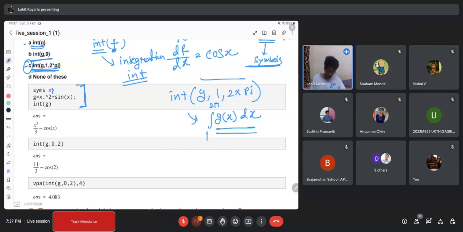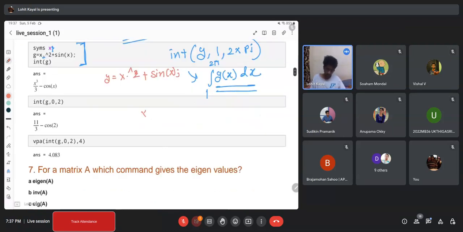Then I am writing g equal to x dot square plus sin x. Now remember this dot. So let me write it here: g equal to x dot square plus sine of x.